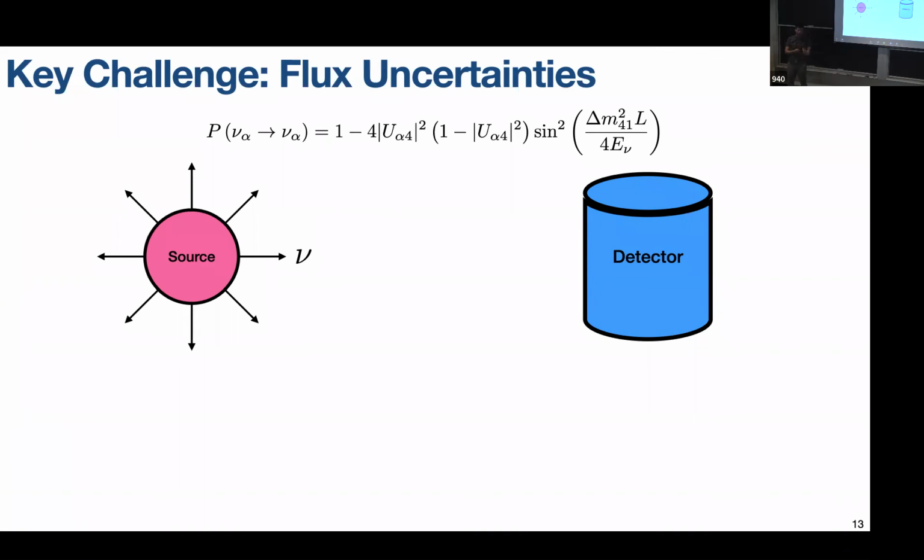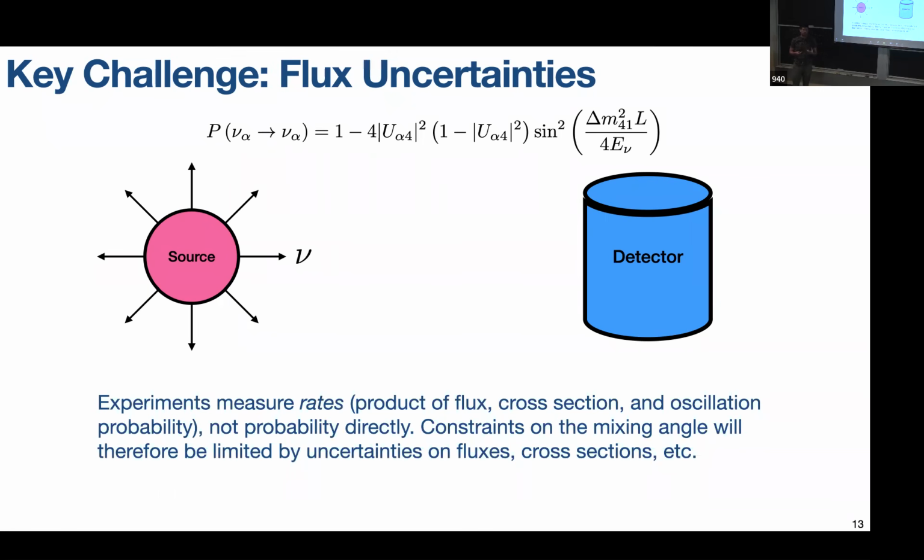So these are lower energy than MiniBooNE, but much closer distances for the same L over E. So they're looking for anomalous disappearance of electron-type antineutrinos between the source and the detector. And the key challenge in these types of experiments is that there's a lot of uncertainty on the flux produced by the source.